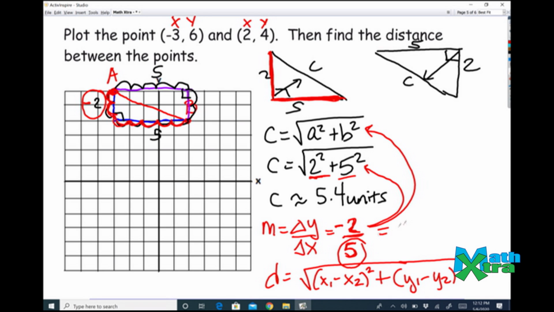So Aryan, we know the slope formula is y sub 2 minus y sub 1 over x sub 2 minus x sub 1. We're actually using the slope to help us find the distance between the points. It's just that we're not using the 2/5 to say that's the distance.